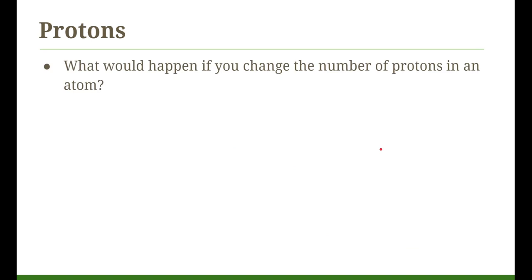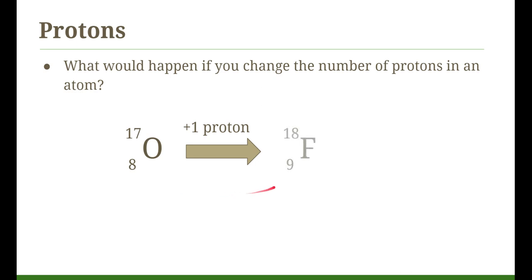For protons, what would happen if we change the number of protons in an atom? If we were to add 1 proton to this oxygen isotope, it would change lots of things. So first we see that the atomic number increases because that is the number of protons. We also see that the mass number changes because a proton is a subatomic particle in the nucleus, and so the mass of the atom also goes up.